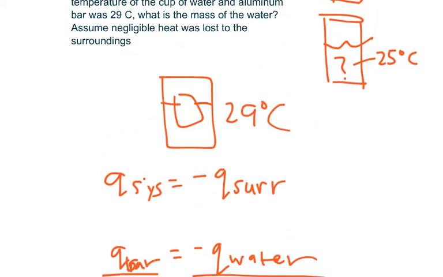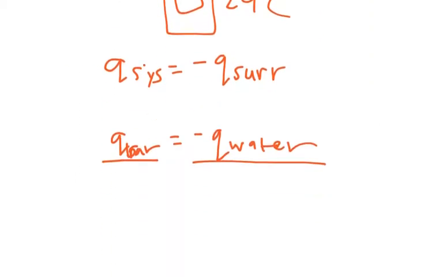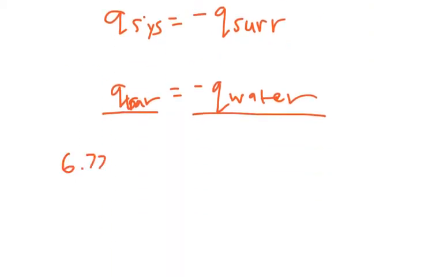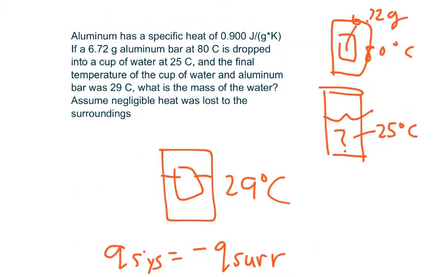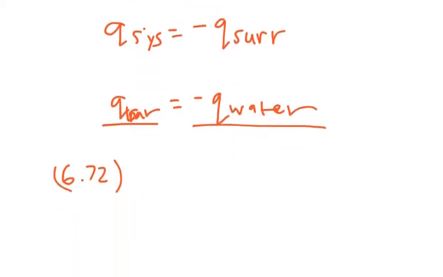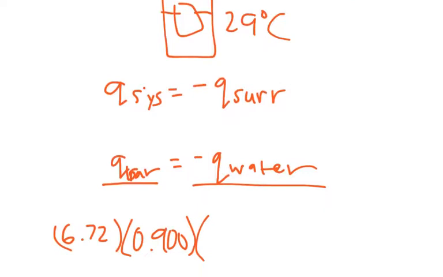So the mass of the bar is going to be, well, let me check, 6.72 grams times the specific heat of aluminum, which is 0.900, times the change in temperature.